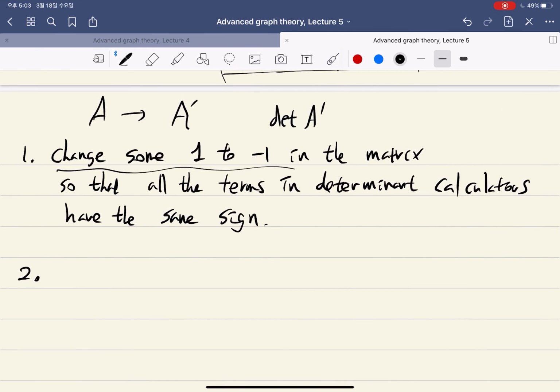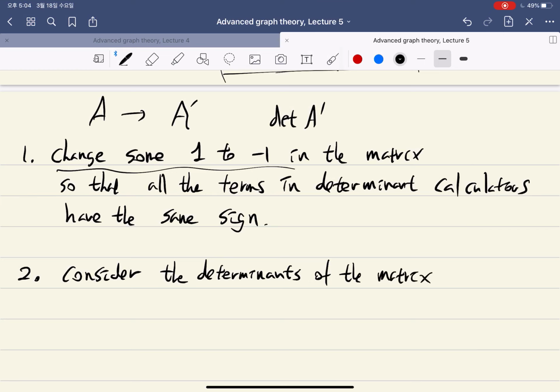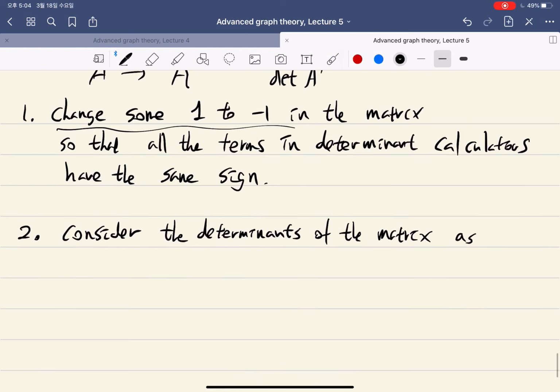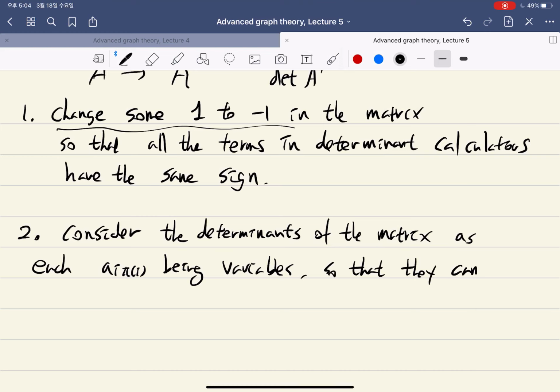And another approach is to consider the determinant of the matrix as a function, not a number, with each A_{i,pi(i)} being a variable, so that they cannot cancel each other.